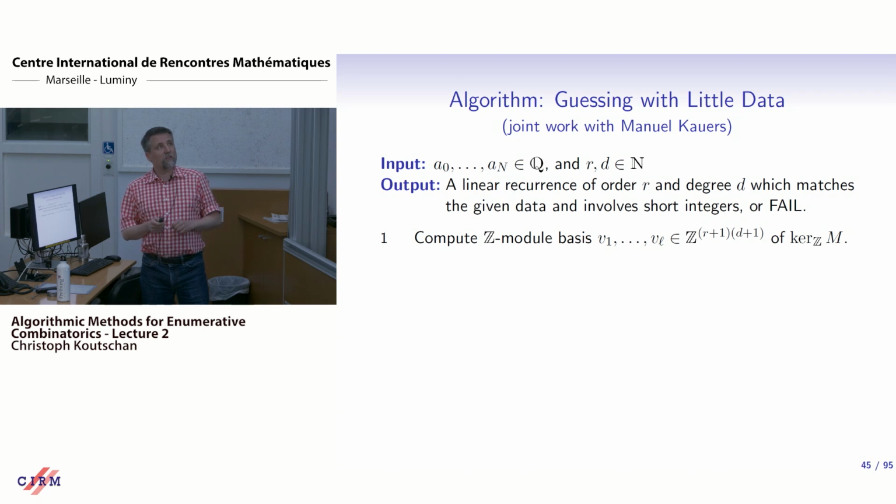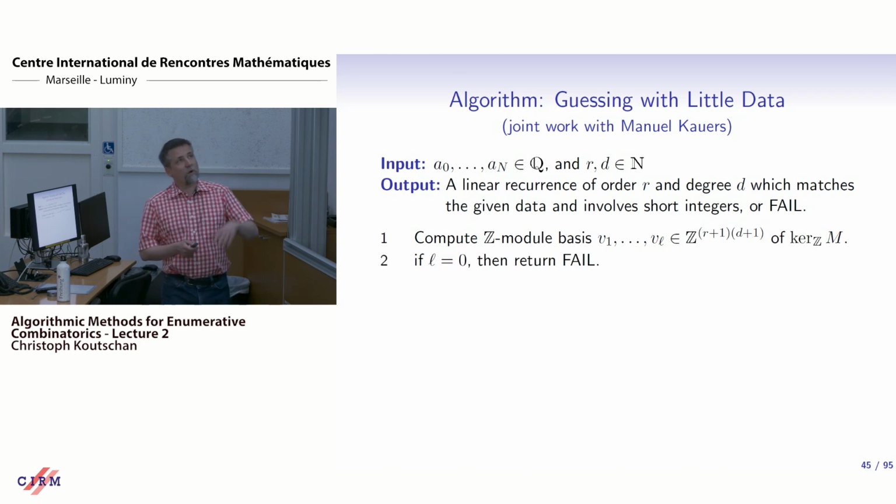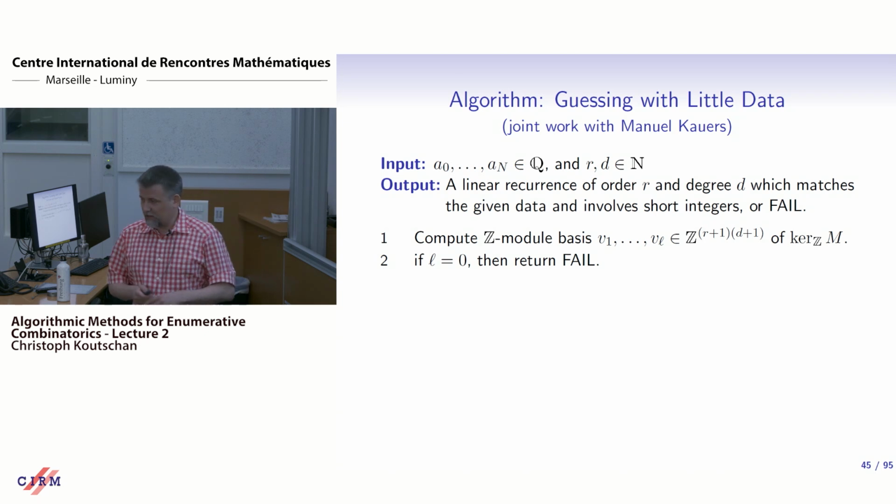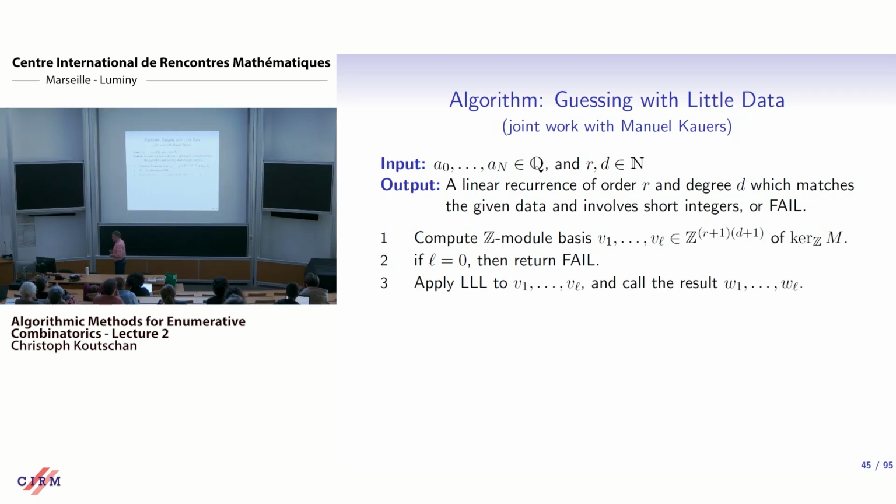So first we compute the Z module basis of the kernel. Well, if there is no kernel, then we immediately fail. Then we apply LLL to these basis vectors. We get a new basis, w1 up to wl, and we can return the recurrence corresponding to the shortest vector, w1.